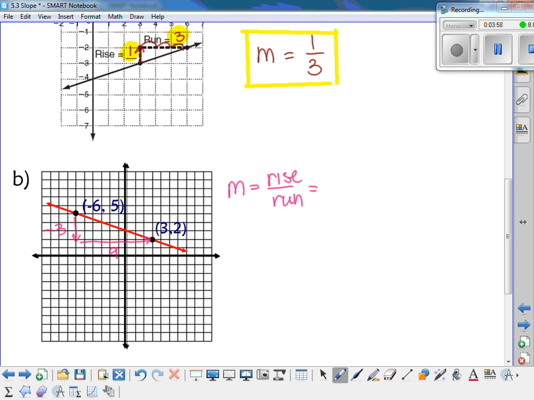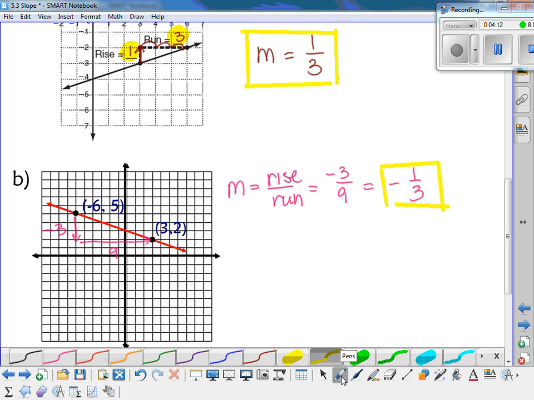So in this case my rise is negative, and then negative 3 over 9 reduces to negative 1/3. Negative 3 over 9. Wow, you really can't see that, can you? All right, let me write it in a different color.